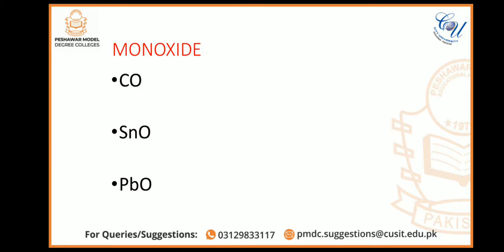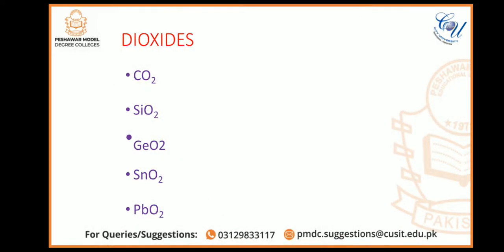The monoxides of group 4th elements are carbon monoxide, tin monoxide, and lead monoxide, while the dioxides are carbon dioxide, silicon dioxide, germanium dioxide, tin dioxide, and lead dioxide.